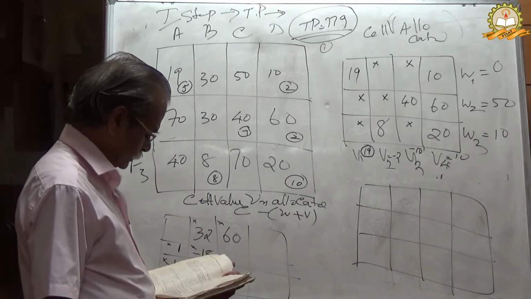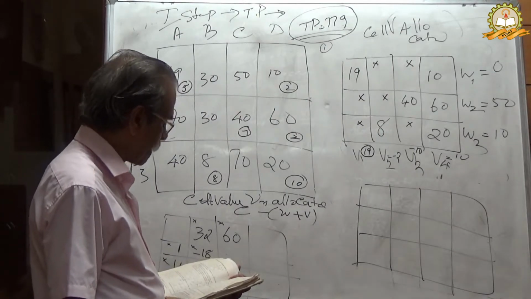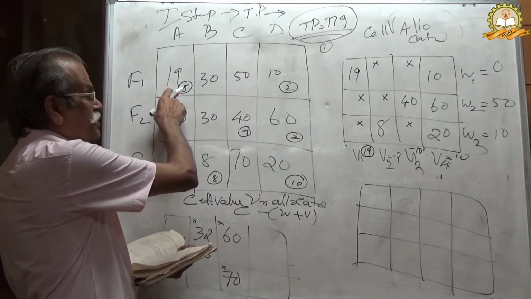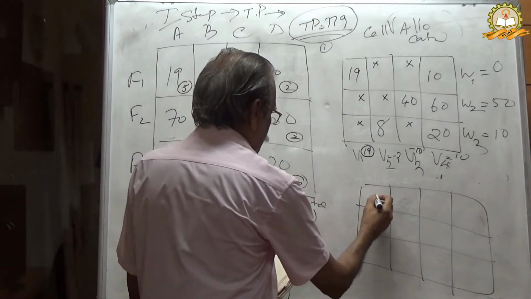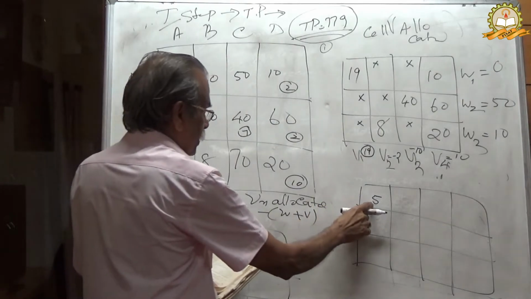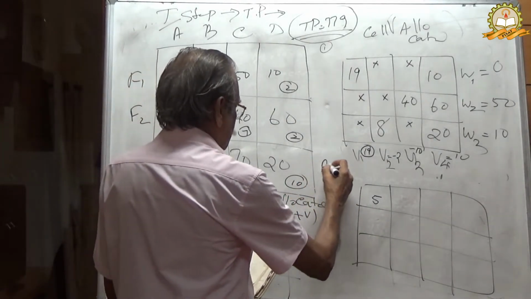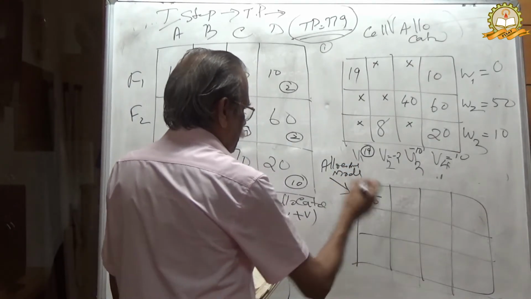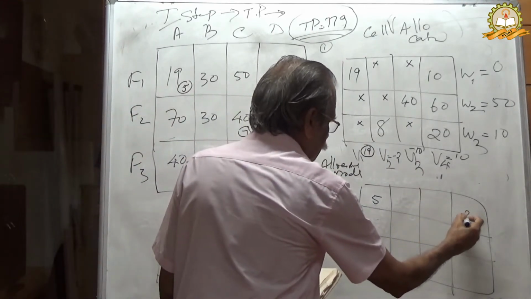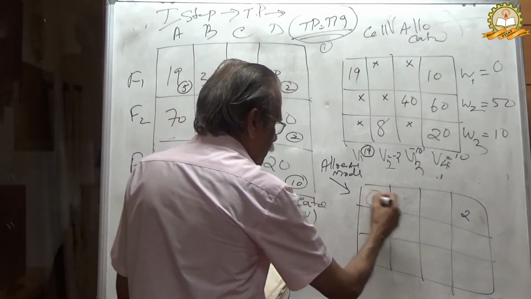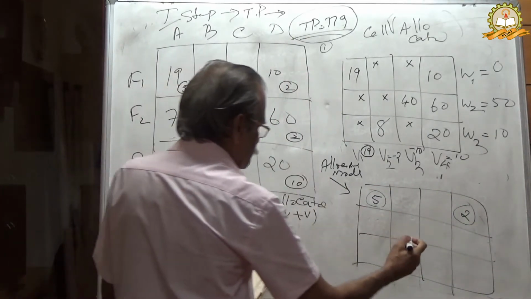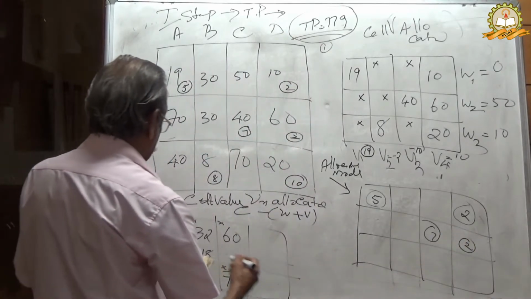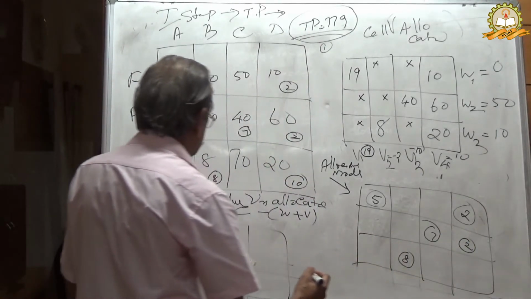Allocations made 5, 2, then 7, then 2, then 8, 10.